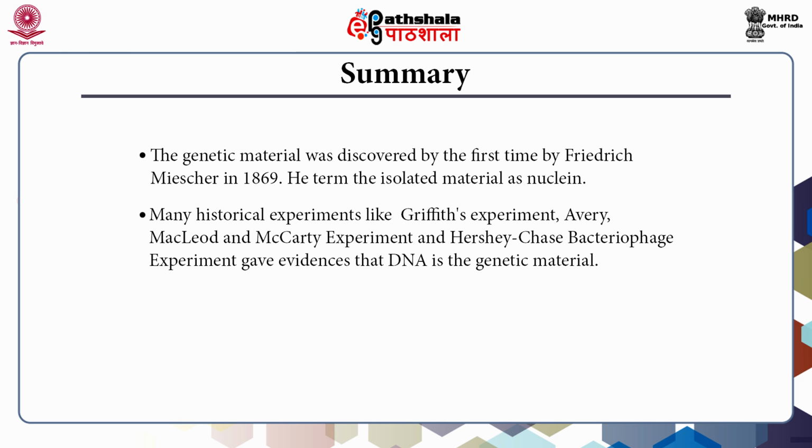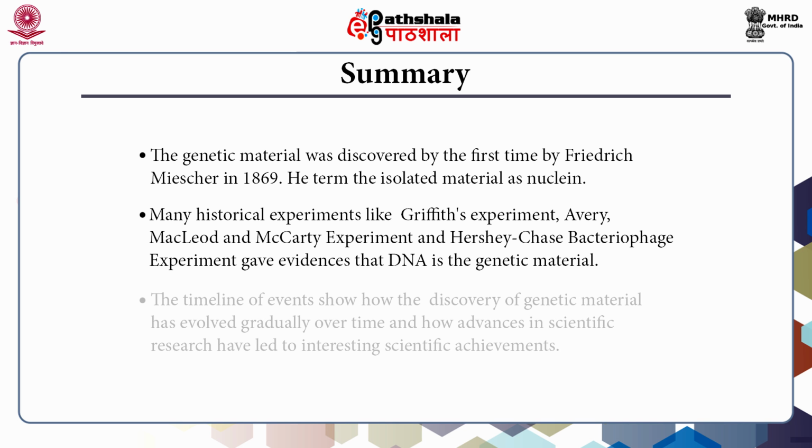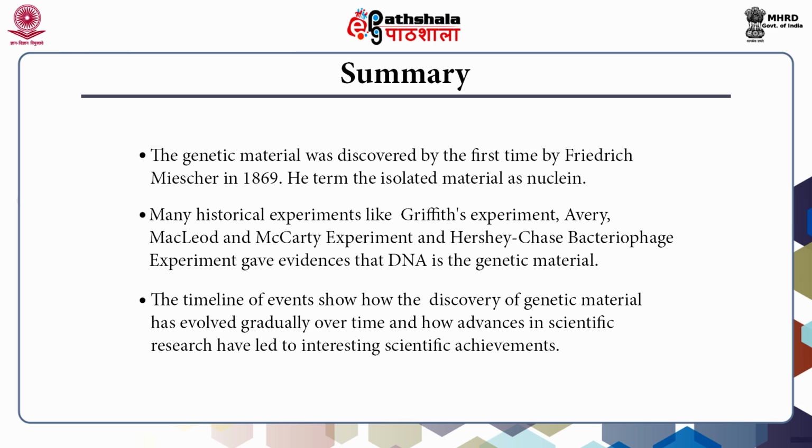Many historical experiments like the Griffith experiment, the Avery, MacLeod and McCarty experiment, and the Hershey and Chase bacteriophage experiment gave evidence that DNA is indeed the genetic material. The timeline of events shows how the discovery of genetic material has evolved gradually over time and how advances in research have led to interesting scientific achievements.